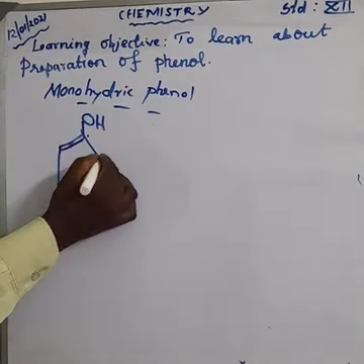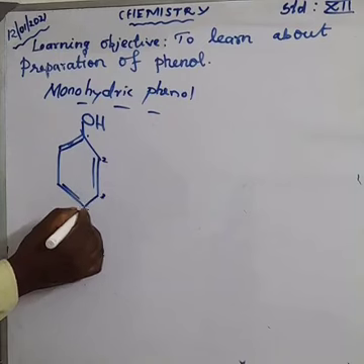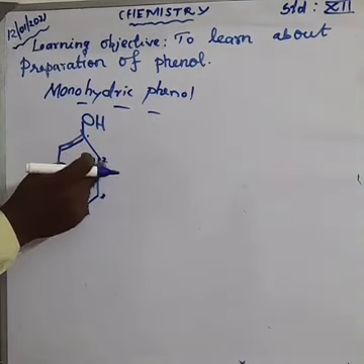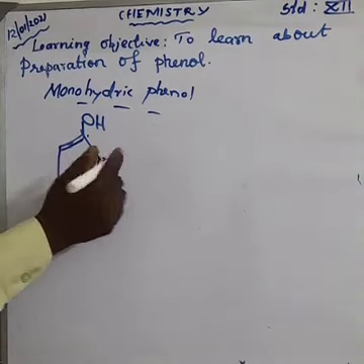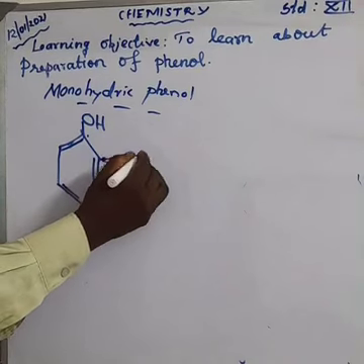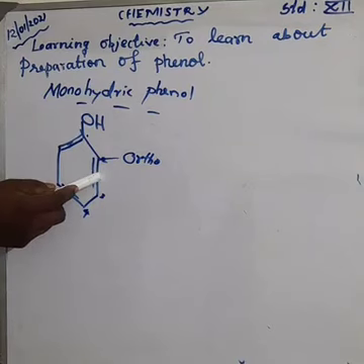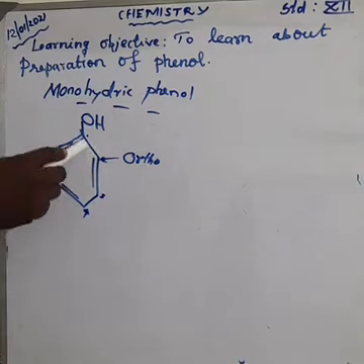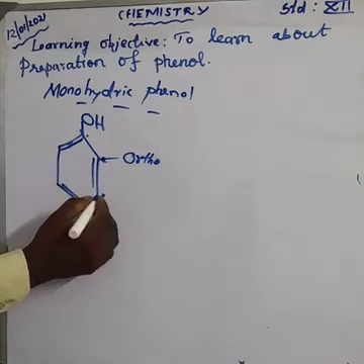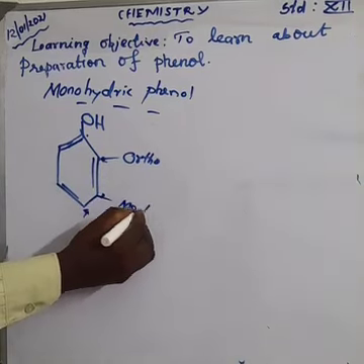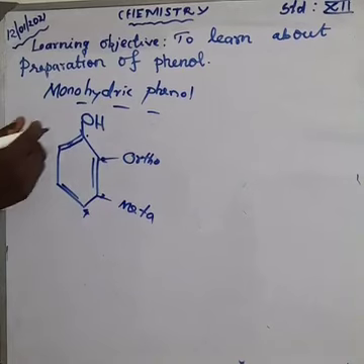Number 1, number 2, number 3, number 4. Nearest to the functional group, that we are saying ortho position. After that ortho, it is a meta position.